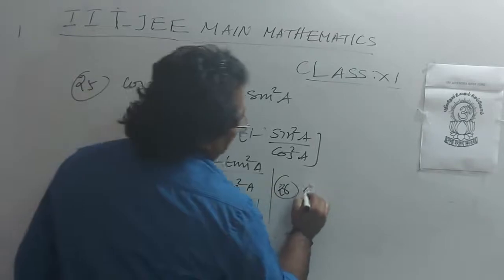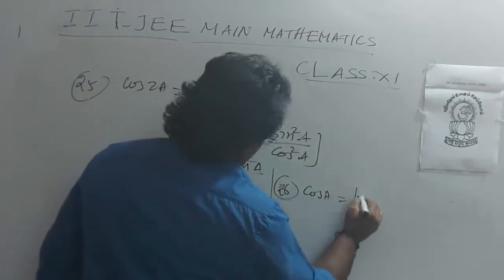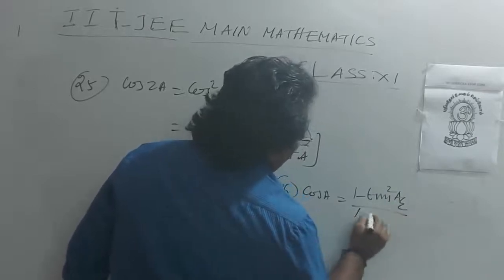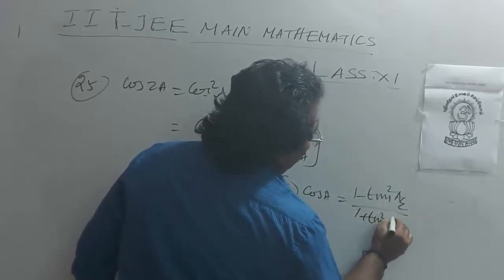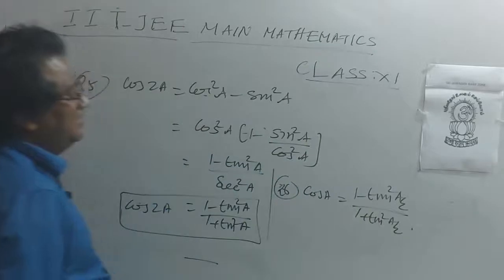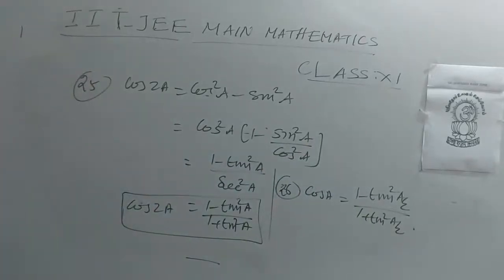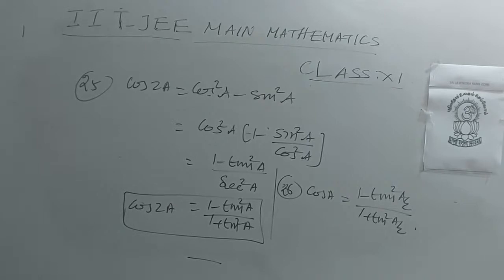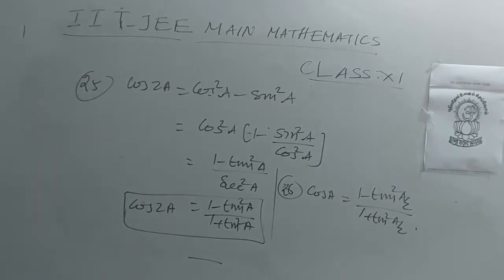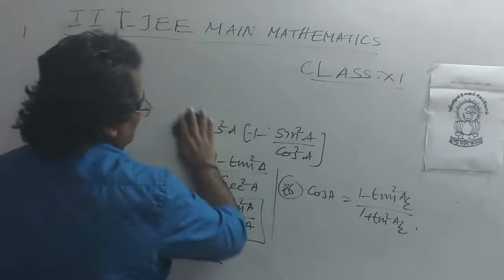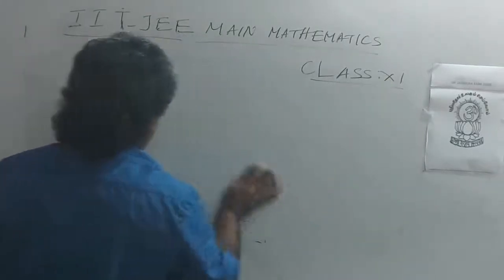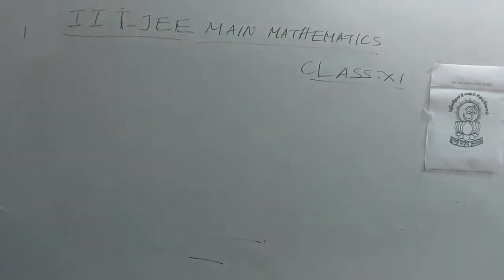From this, cos a equal to 1 minus tan squared a by 2 by 1 plus tan squared a by 2. So from this we can summarize the formula of cos 2a.